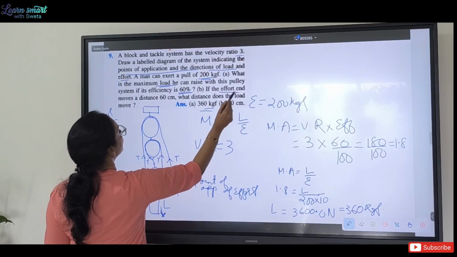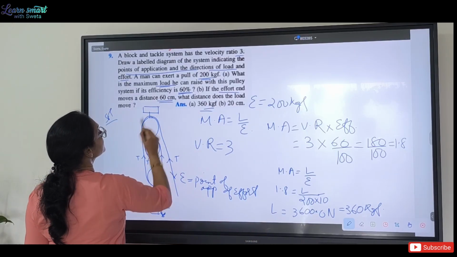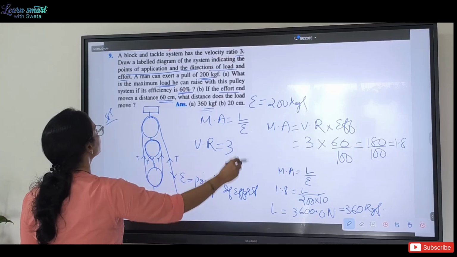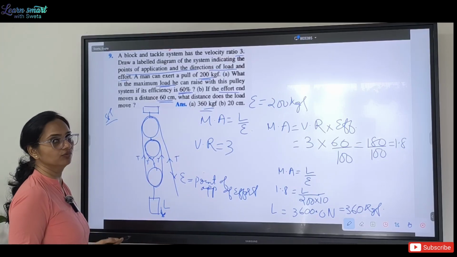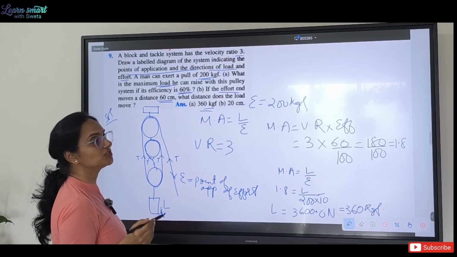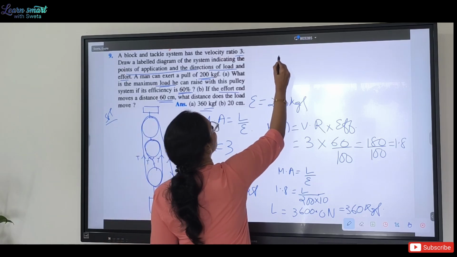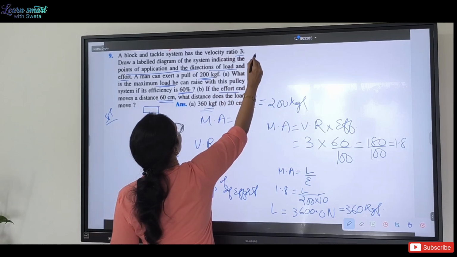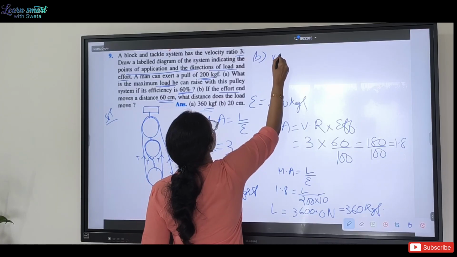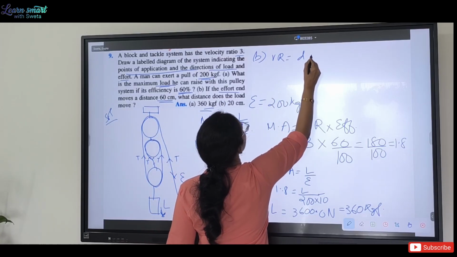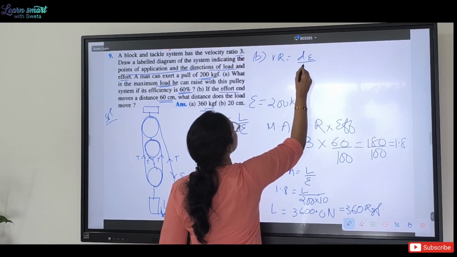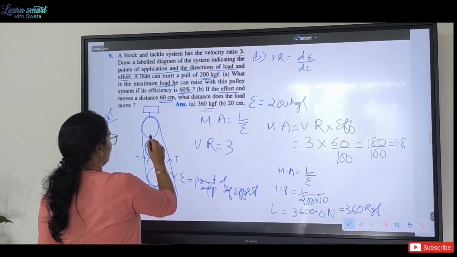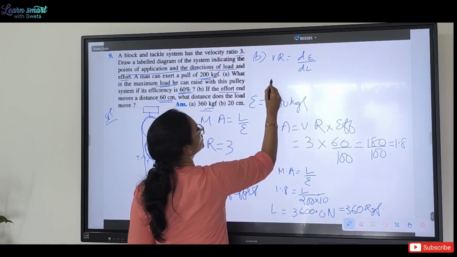And now they are telling, if the effort end moves a distance of 60 centimeter, what distance does the load end move? So how do we calculate how much distance? So we know that velocity ratio is equal to distance moved by effort upon distance moved by load. There are 3 pulleys, so velocity ratio is 3.